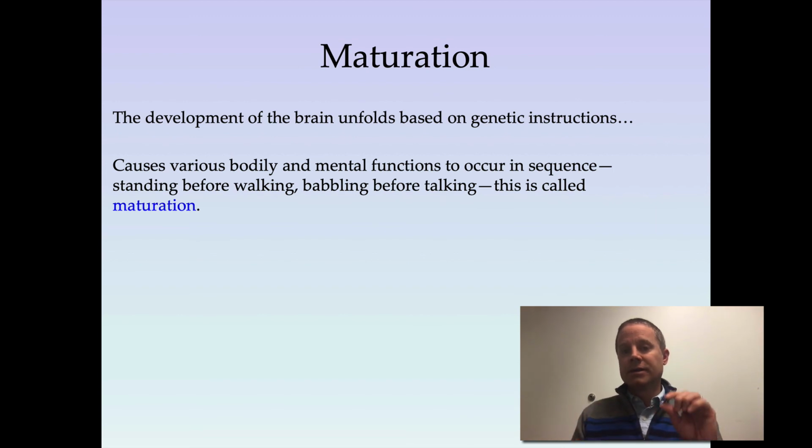It's kind of like that, but it's a little more specific when we're talking about human development. So maturation means that various bodily and mental functions are developing in a sequence. So you learn to crawl before you learn to walk, before you learn to run. So it's a process that unfolds according to a sequence that's kind of preset. It's in our genes.